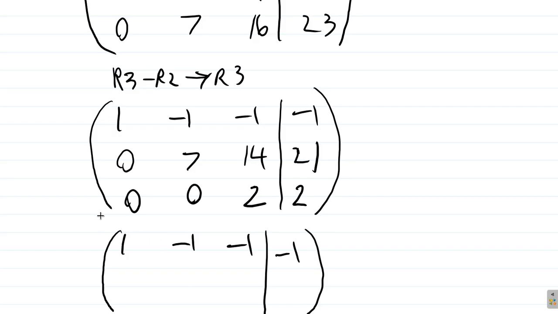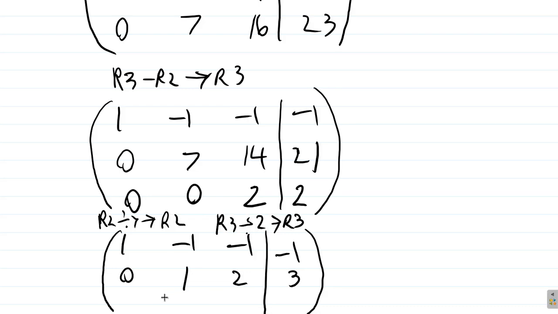We could say 1/7 of row 2, or row 2 divided by 7, gives us our new row 2. If we divide by 7, 0 over 7 is 0, 7 over 7 is 1, 14 over 7 is 2, 21 over 7 is 3. And row 3 divided by 2 gives us our new row 3. So we have 0, 0, 2 over 2 is 1, 2 over 2 is 1. Let's draw a line and continue here.